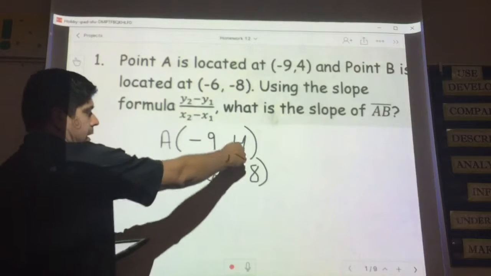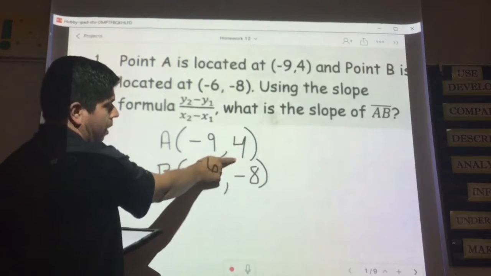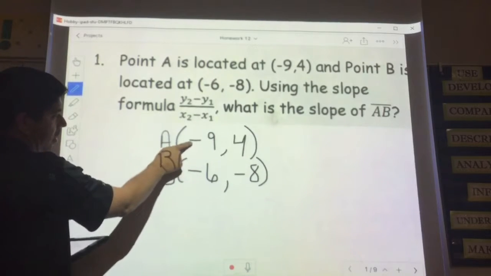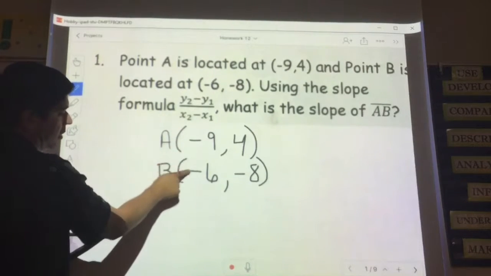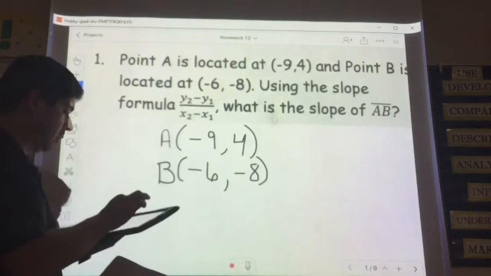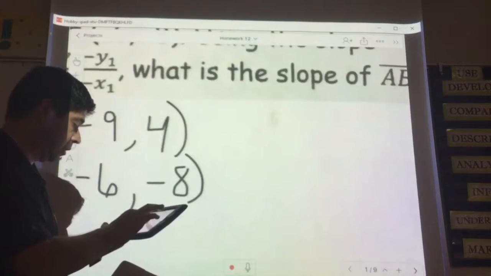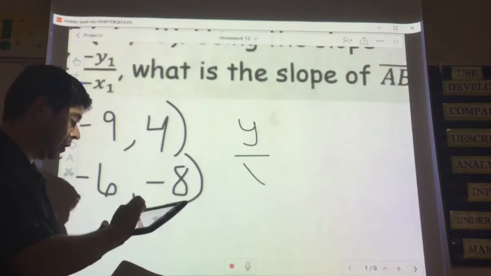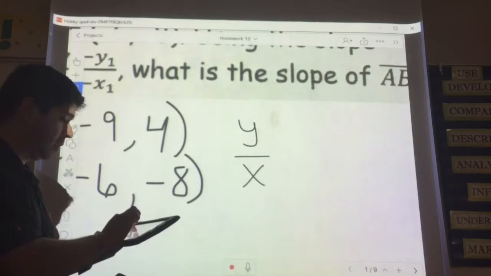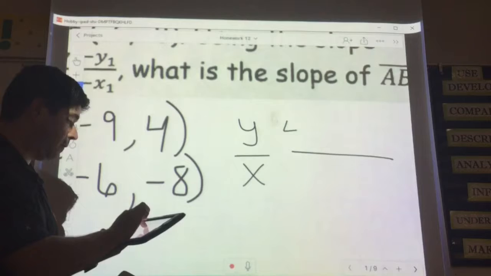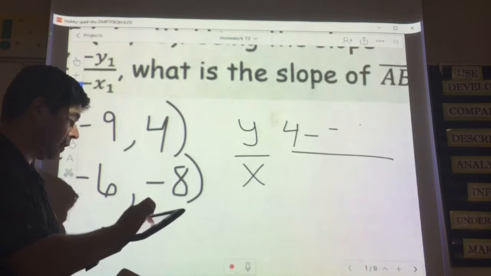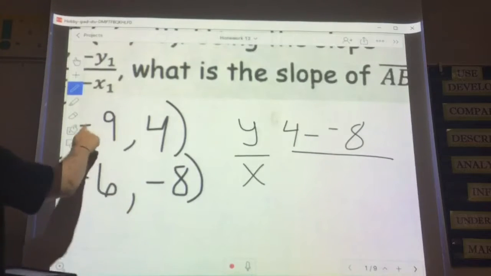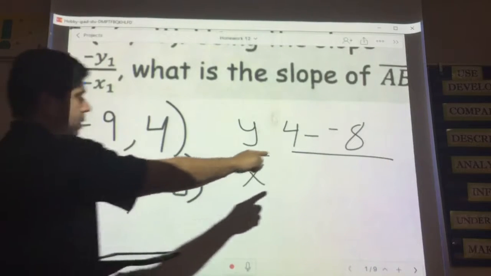So remember, once I have it like this, 4 minus negative 8 is what's going to go on top, and then negative 9 minus negative 6. So it would look like this. The y's are on top, the x's are on the bottom, my denominator. So 4 minus negative 8 is on top, and negative 9 minus negative 6 is on the bottom.